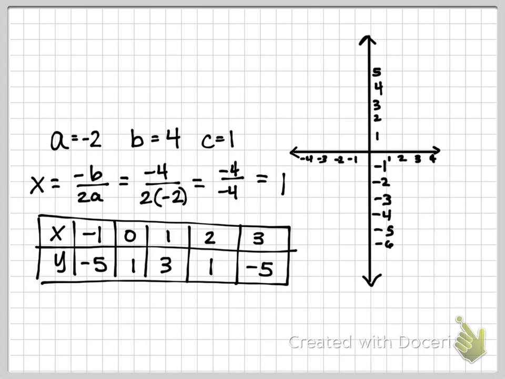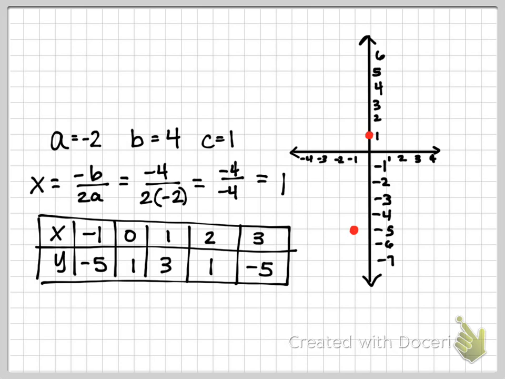Okay, so here's our graph. Where is my first point going to be? Negative 1, negative 5. So I go to the left 1 and down 5. Then my next point is 0, positive 1. So I stay at the origin and I go up 1.